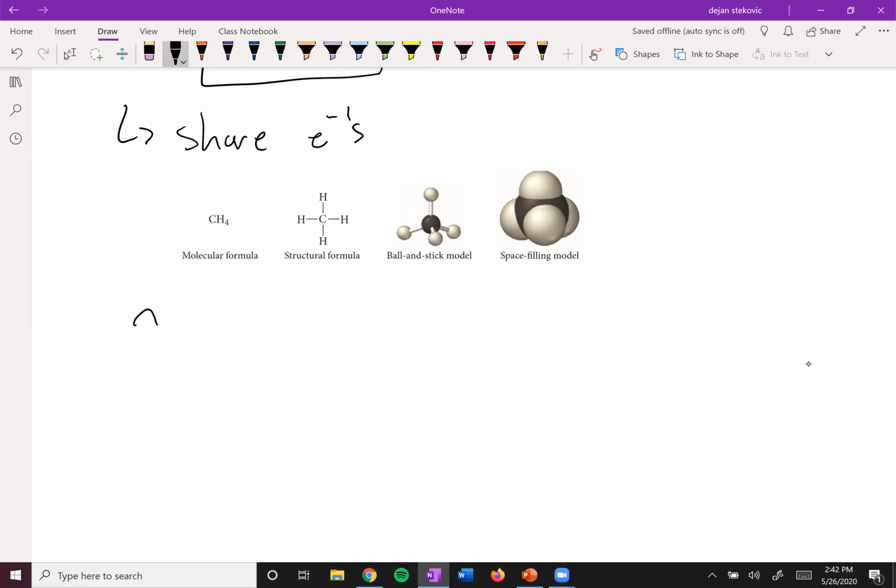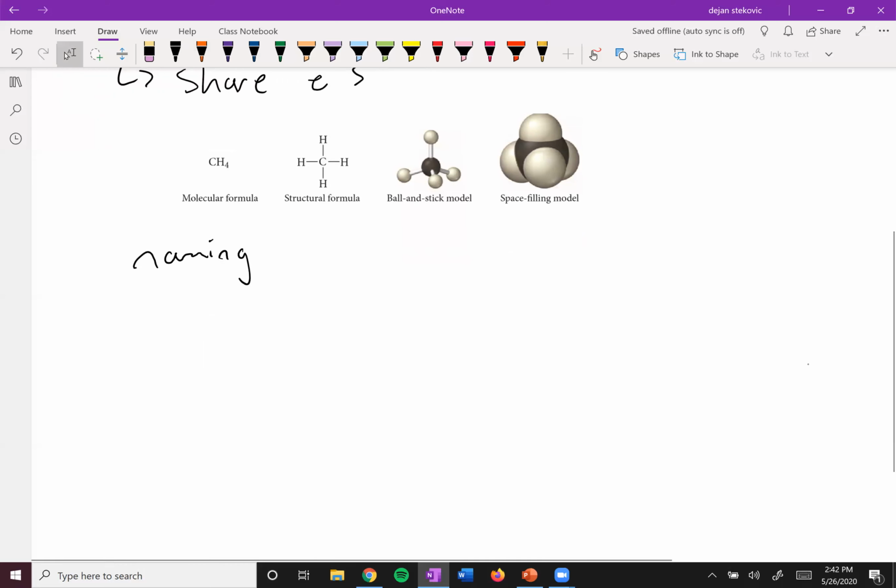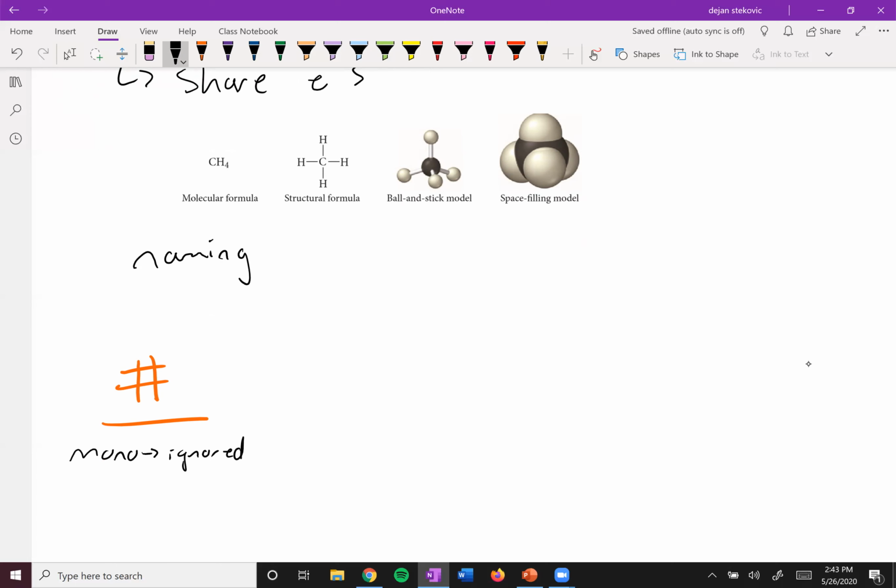And so here's how the naming goes. There's some kind of number prefix, unless it's 1. If it's 1, then it's ignored. So if it's mono, it's ignored for the first part. And then it's the name of the element that is more towards the bottom left.